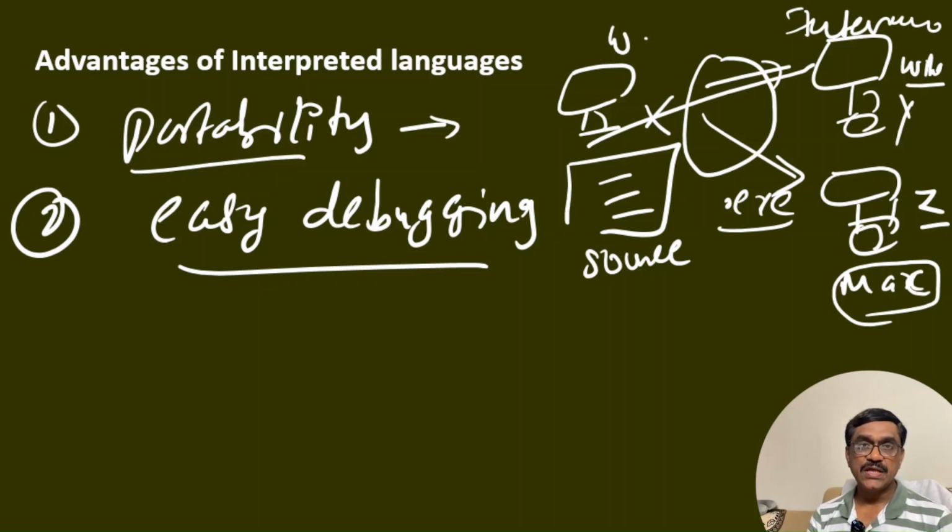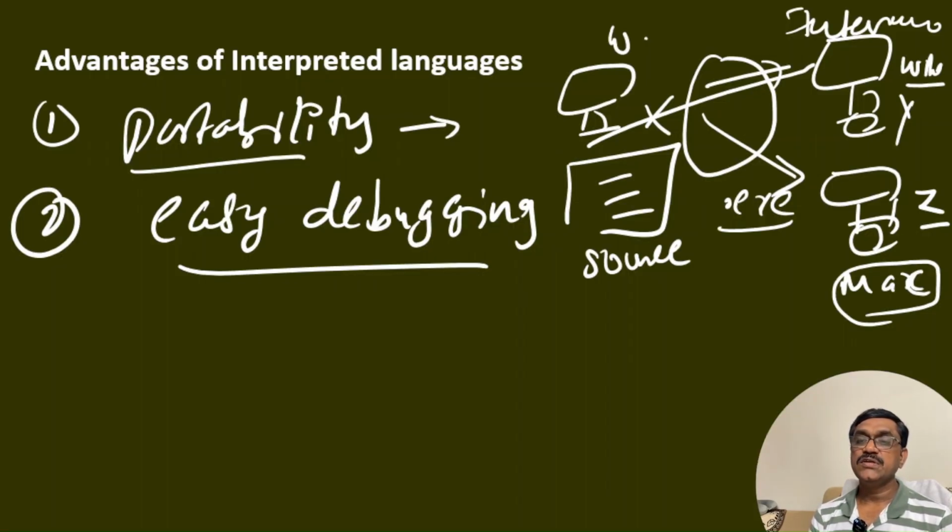Whenever there is an error in the first line, it directly displays the error at the bottom of that line. Errors are displayed line by line when you use interpreted languages. So debugging, meaning finding the errors or bugs, is very easy when you use interpreters.